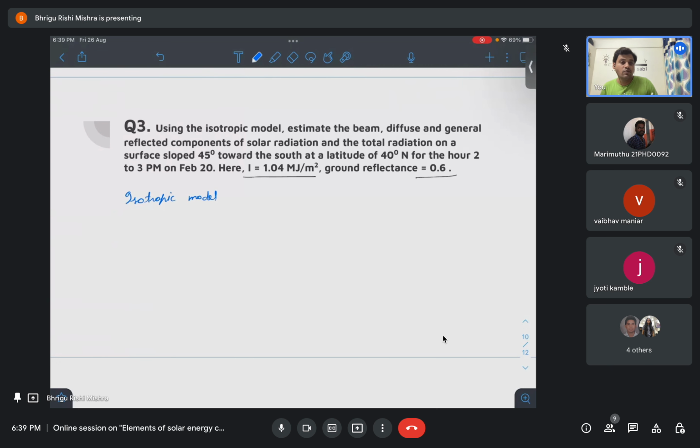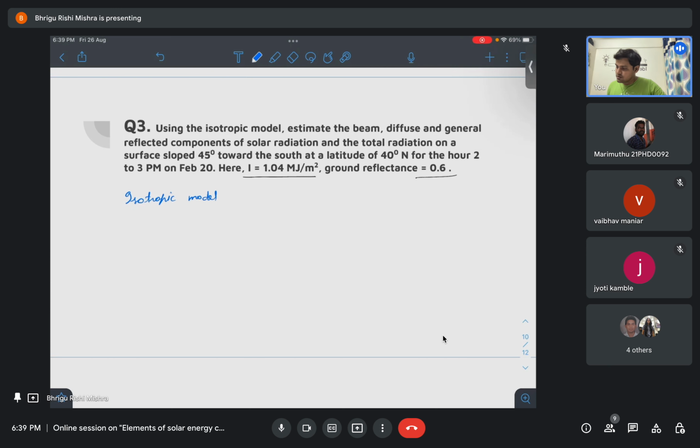Okay, so isotropic model. The isotropic model considers that there is no circumsolar or horizon brightening part of the diffuse radiation involved in the calculation of diffuse radiation, and for most of the cases this is very true.